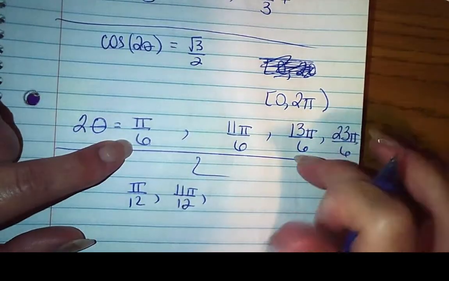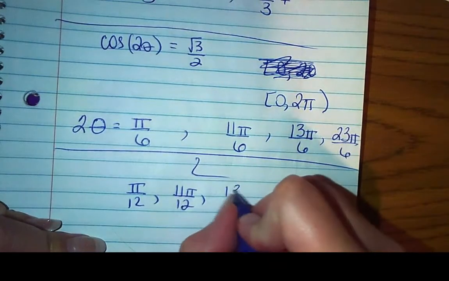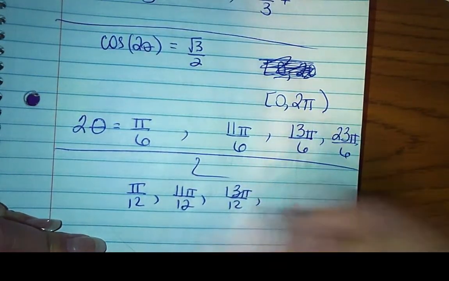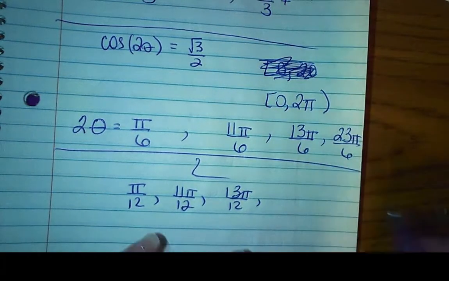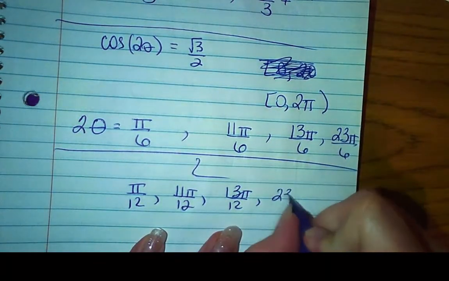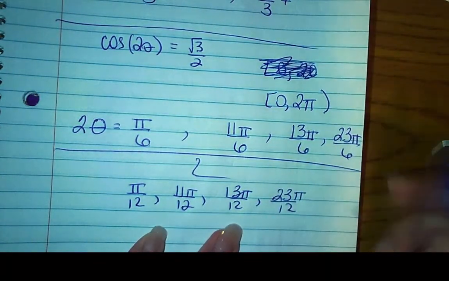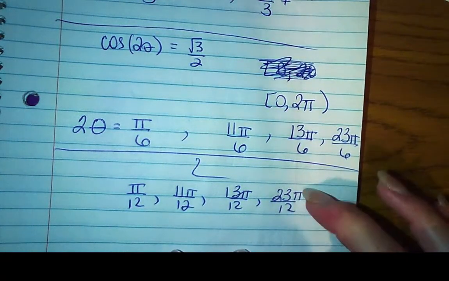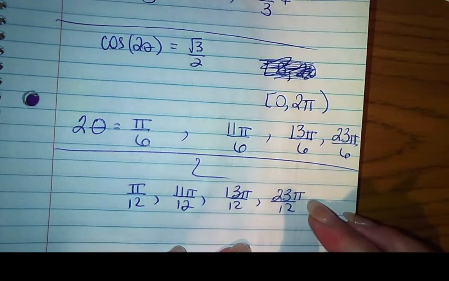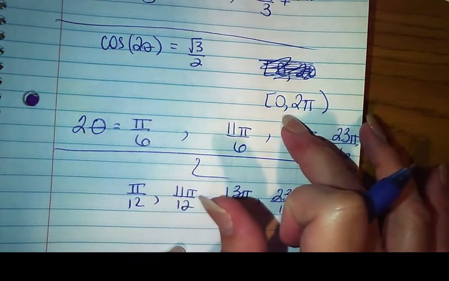Okay, 13 pi's over 6 over 2 is 13 pi's over 12. 23 pi's over 6 over 2 is 23 pi's over 12. And if you'll notice, 24 pi over 12 would reduce to 2 pi.